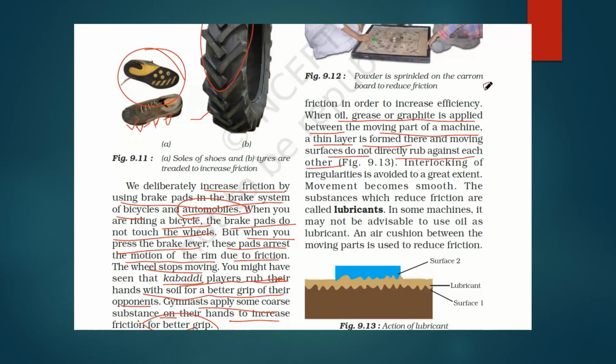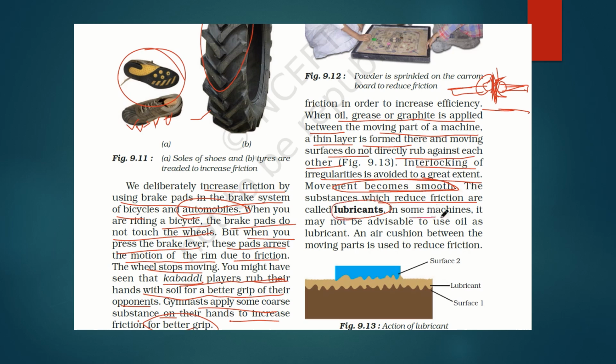So between two parts of a machine, if you put a drop of oil, when these two machine parts come near each other, they are not rubbing each other and they have less friction. So interlocking irregularities are avoided to a great extent in such cases and the movement becomes very smooth. You will have a sound-free and smooth movement. So these substances which reduce the friction are called lubricants.